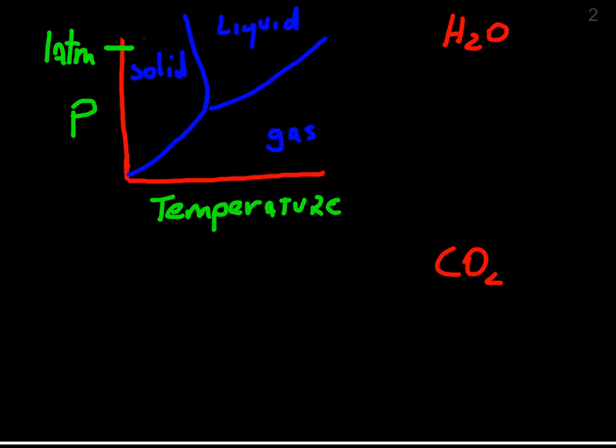If I go across, I'm going to hit right there, where it goes from a solid to a liquid, that is melting, and that's going to happen at 0 degrees Celsius. And if I keep following that line across, right there, that's where a liquid goes to a gas. That's vaporization, or boiling. That's going to happen at 100 degrees Celsius.